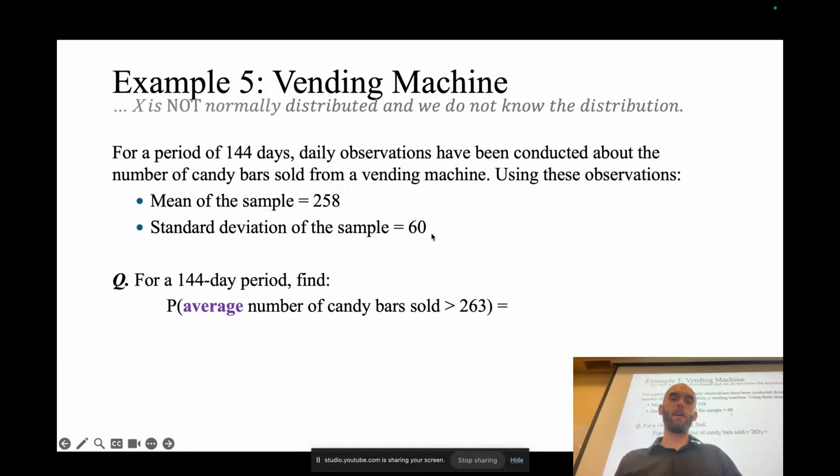And then we have a standard deviation of the sample of 60. So my question to you is, for a 144-day period, we're going to try to find the probability that the average number of candy bars sold is greater than 265.